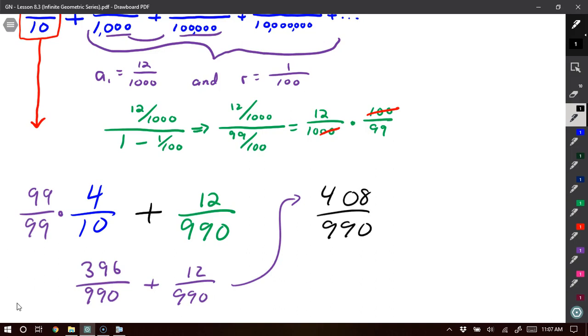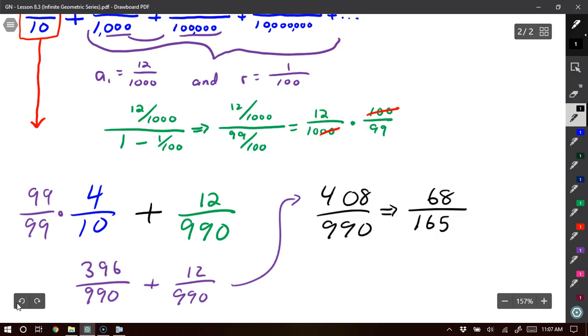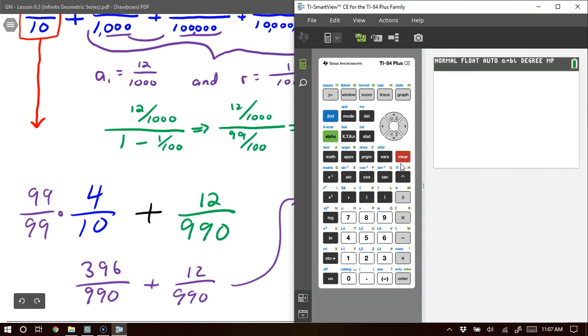And as always, you simplify your fractions. In this case, we can see that 6 goes into 990 165 times, and 6 goes into 408 68 times. Now, I cheated. I simplified in the first place, but really what you could do is you have 408 divided by 990.